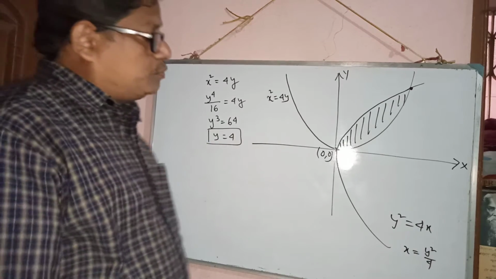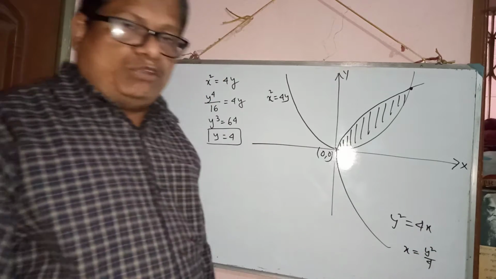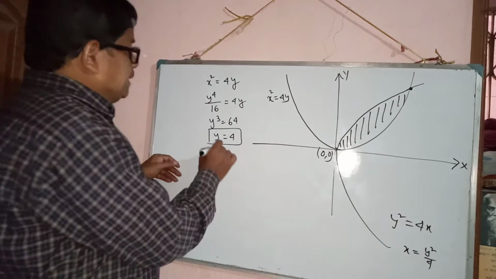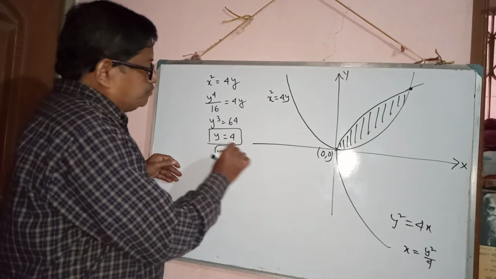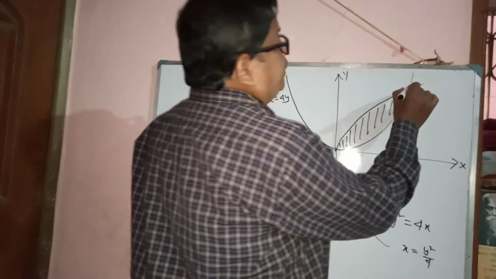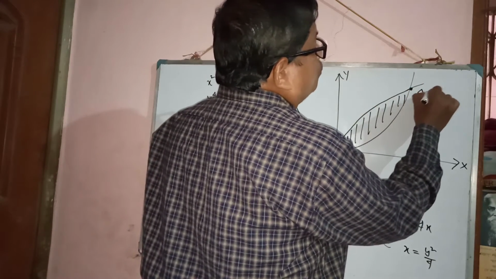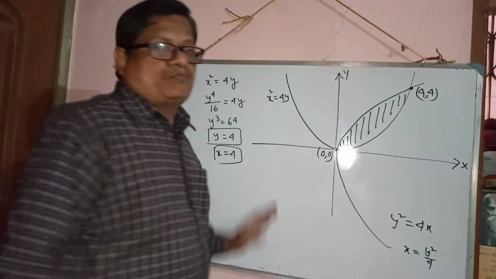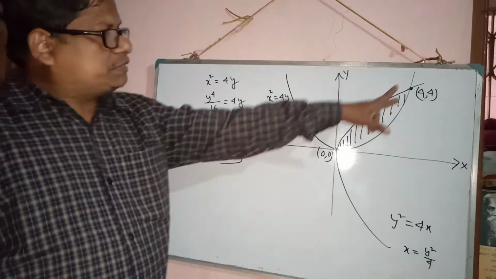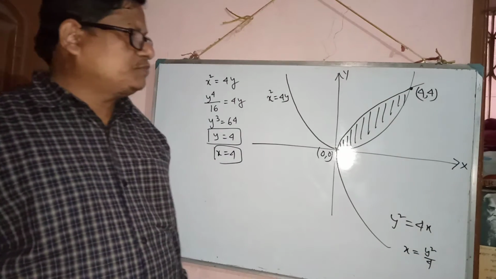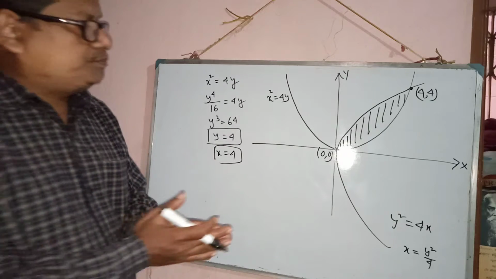If y equals 4, then x equals 16 by 4, so x equals 4 also. Now this point is (4, 4).